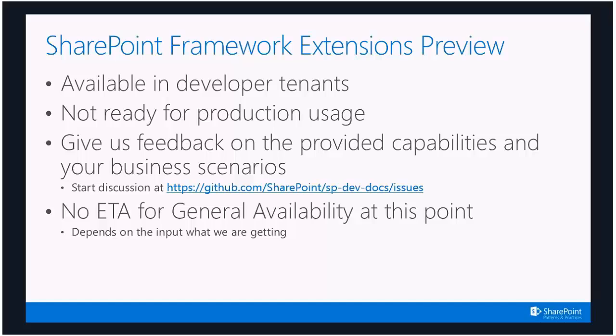The reason why we use GitHub is for bugs and discussions, and then user voice to get your additional or new feature requests into our official process. Because quite simply, sending an email to me doesn't mean that it's actually getting into the queue of getting something done in the SharePoint Framework. So we need to use official processes because otherwise we can't follow up on all of these requests.